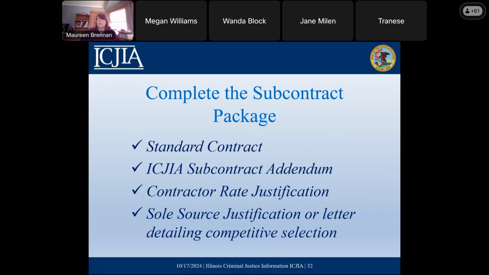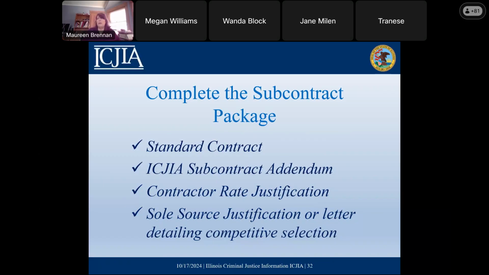So what's in the package? You probably have a standard contract, or the lease for the space. Your landlord has a standard contract that you would sign, the lease agreement. But we also have the authority subcontract addendum.